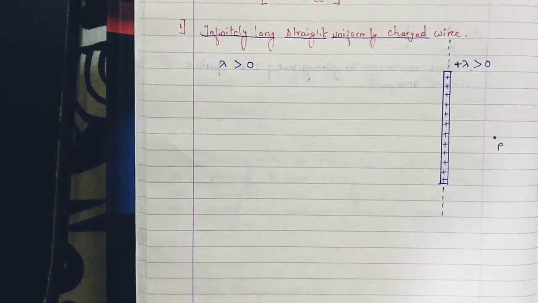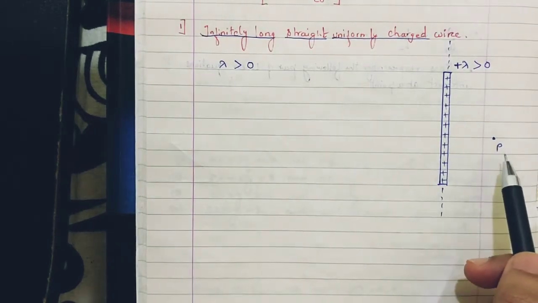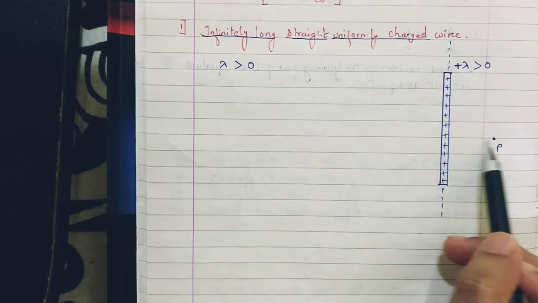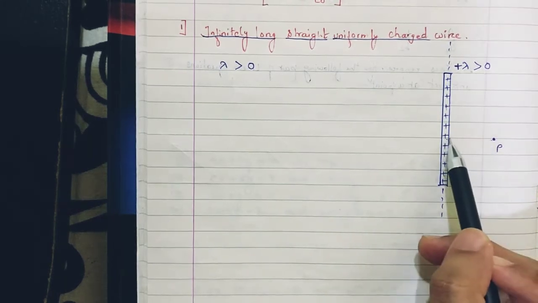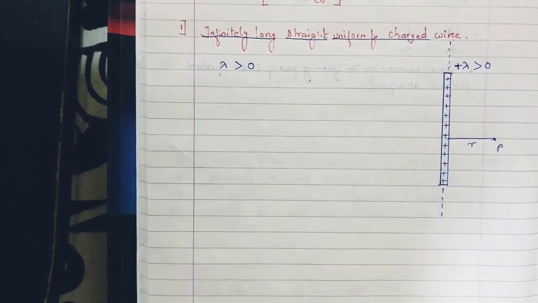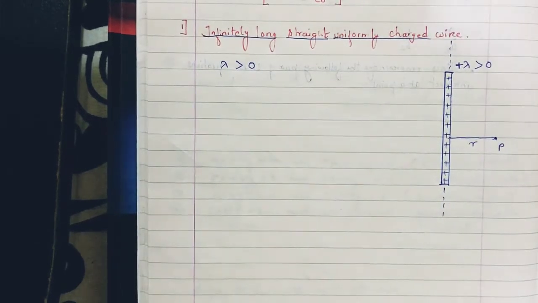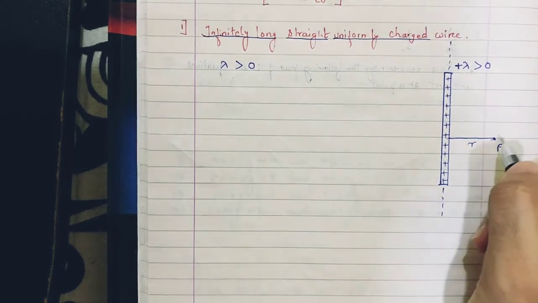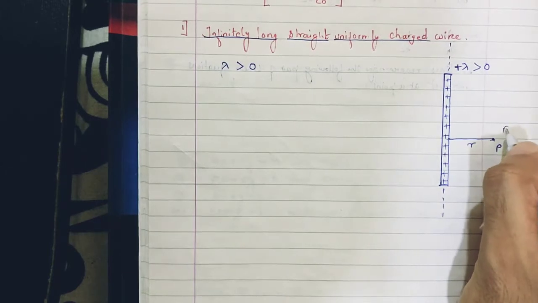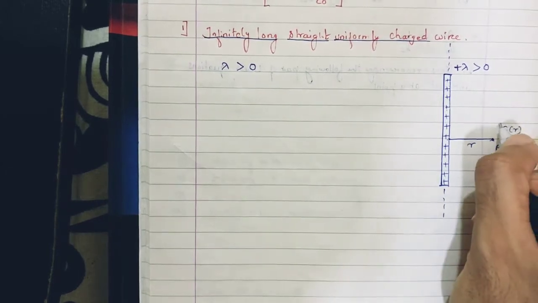Let point P be the observation point at a normal distance r. So the distance from wire to the observation point is r, and we need to find out the electric field at point P here. Let's consider that electric field as E at r, it's a vector.